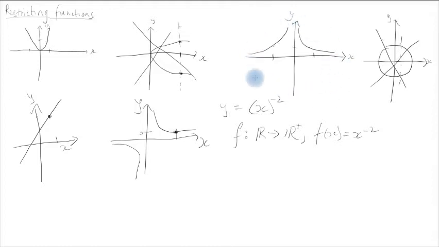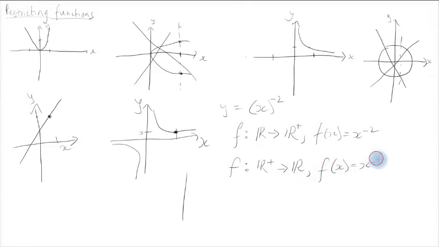If you want to restrict it, suppose I want to restrict it so that it looks like that, and now it's one to one. So this graph here is now one to one. Suppose I want to do that, I have to restrict the domain. So now it's only the positive values that I'm using, so I can do it R plus to, codomain is R because the range fits within that, and then I write the rule.